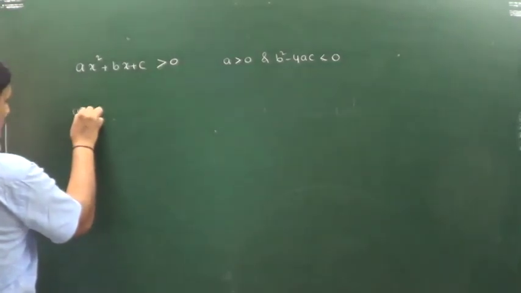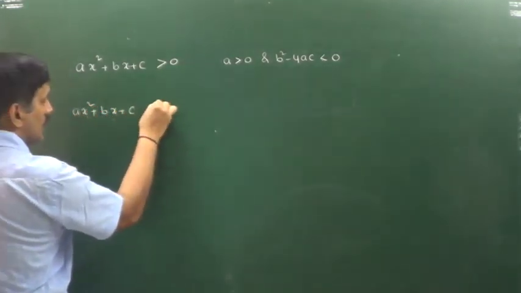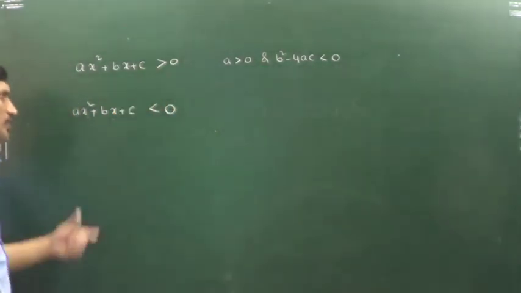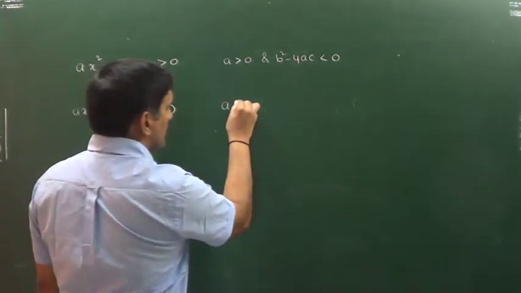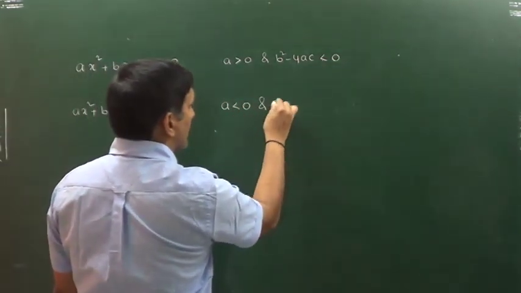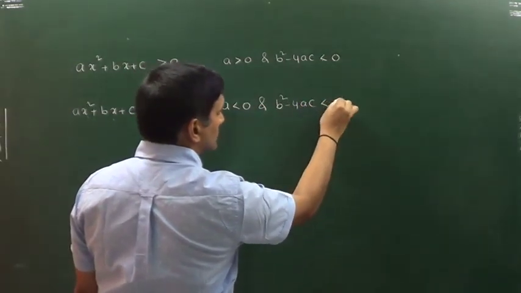At the same time, ax square plus bx plus c less than 0. This quadratic expression is always negative under the condition a less than 0 and b square minus 4ac less than 0.